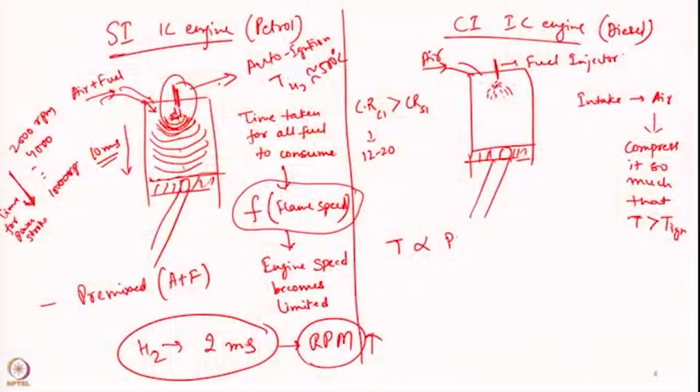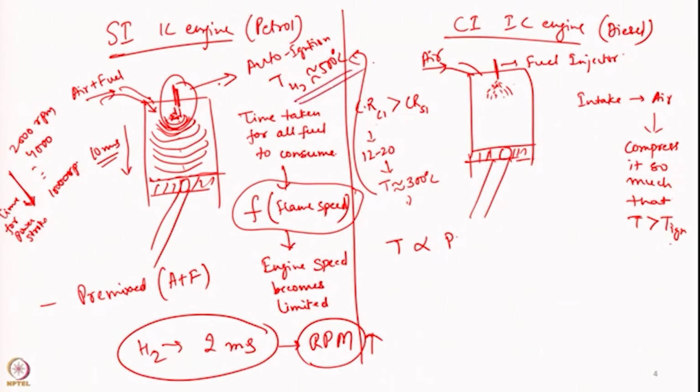Now, when you are operating at this compression ratio, you will reach a temperature of around 300 degrees, not more than that, but still you will not be able to reach the ignition temperature of hydrogen.